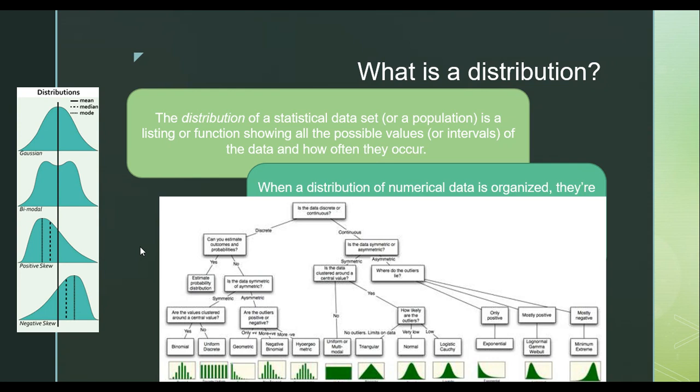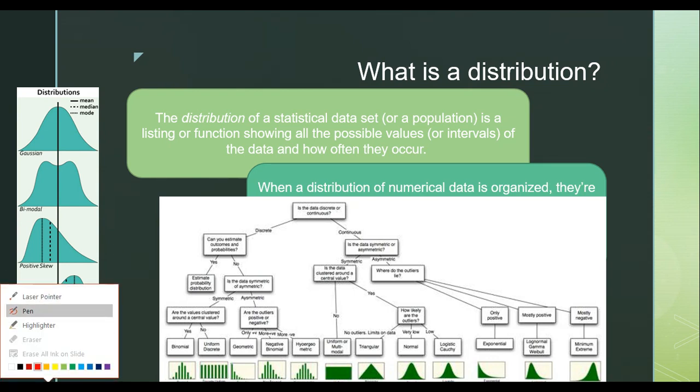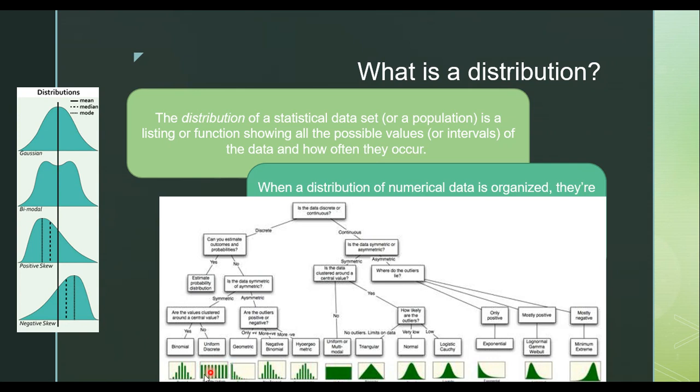There is uniform distribution, which is where it's all the same, which is this little guy down here. Let me get my laser pointer. This is a uniform distribution. There are triangular distributions. We have exponential distributions. There are Gaussian, which is the normal distributions.